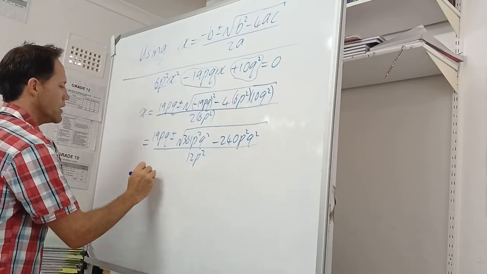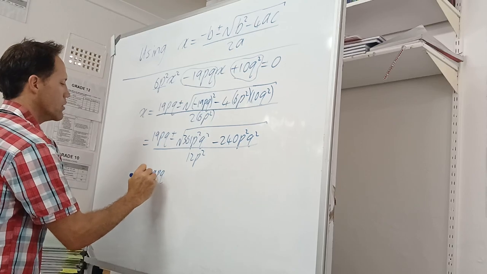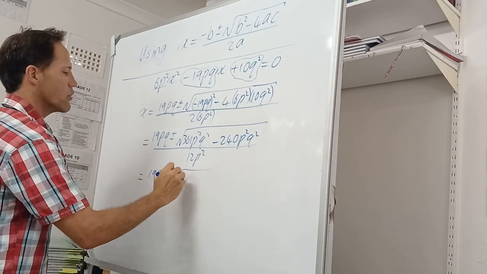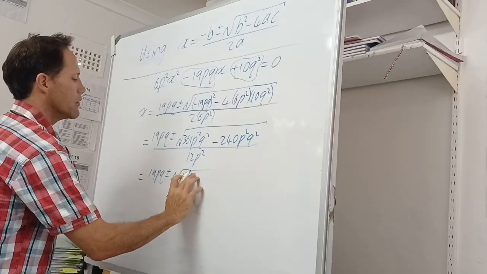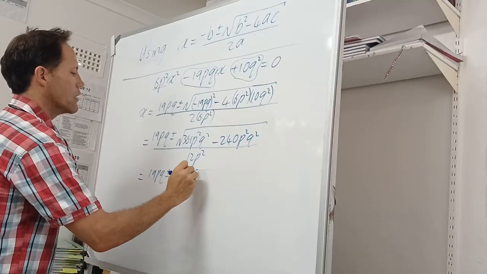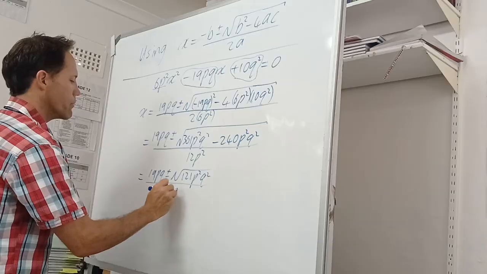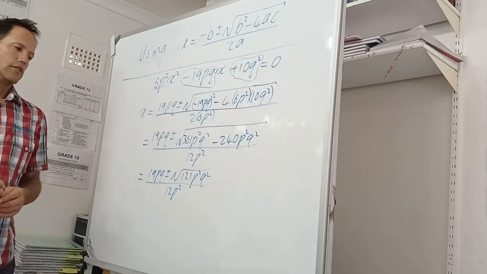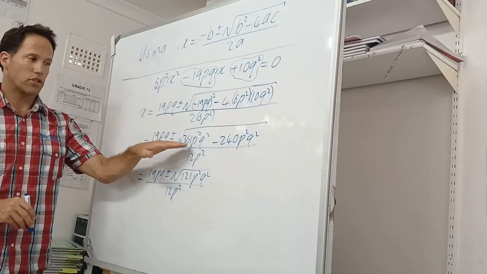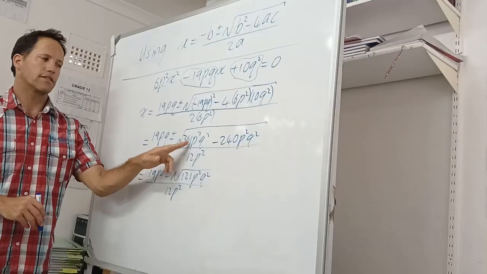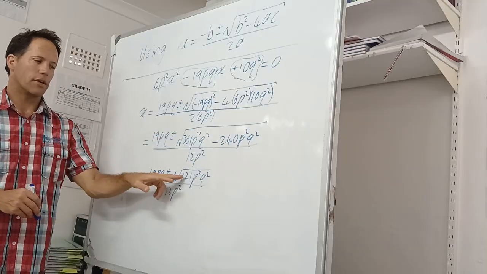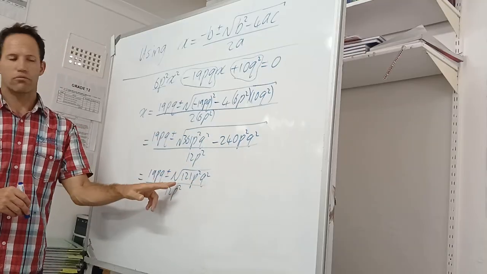So we're going to have 19pq plus minus the square root of 121 p squared q squared over 12p squared. Okay, so we just subtract those two because they're similar terms, like terms. So now we get 11pq here, the square root of this.